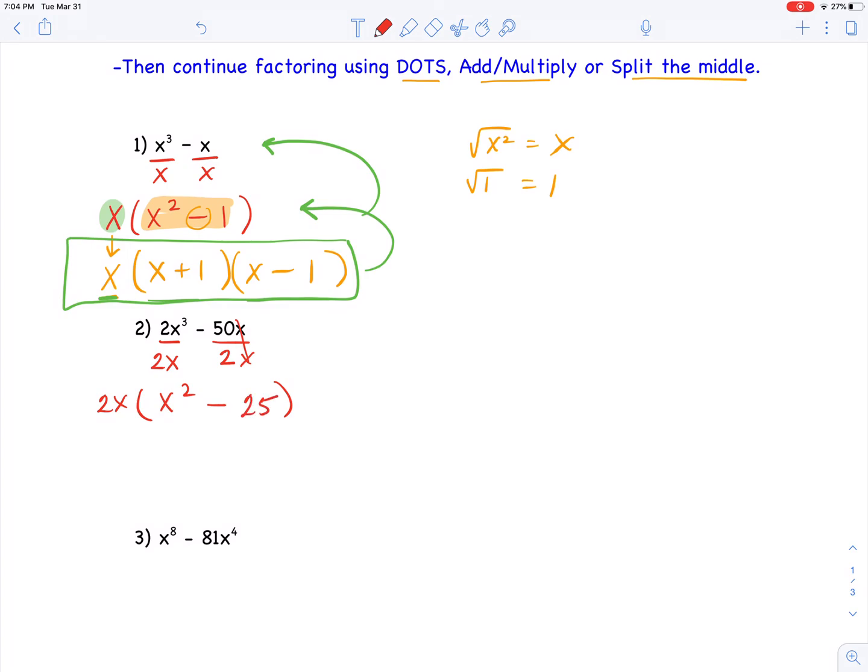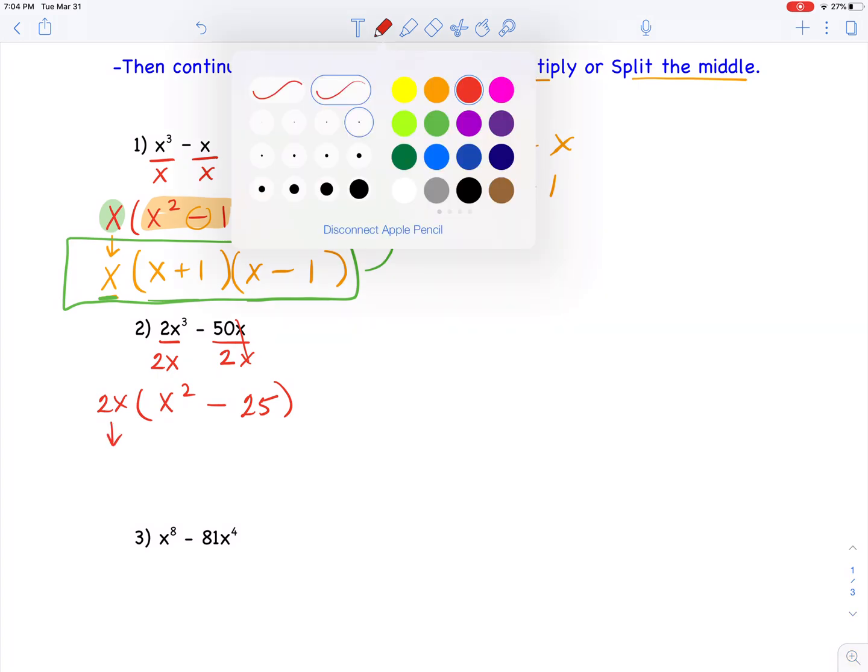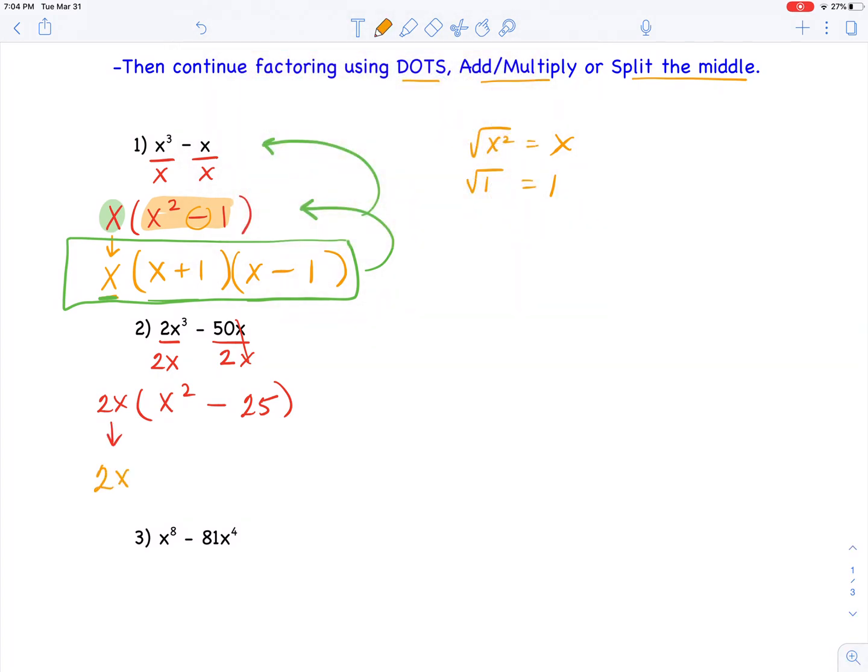So again, I have my GCF in the front and then my binomial factor now again in the parentheses, which again is a difference of 2 squares. So I'm going to bring down that 2x again in the front, the GCF, and instead of x squared minus 25, which is a difference of 2 perfect squares, I'm going to get the square root of each of those, x and 5, and get x plus 5, x minus 5 inside the parentheses.